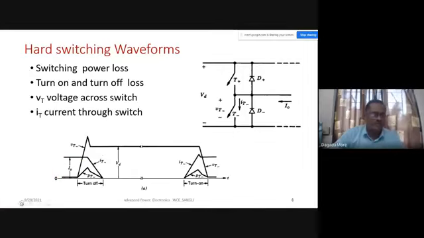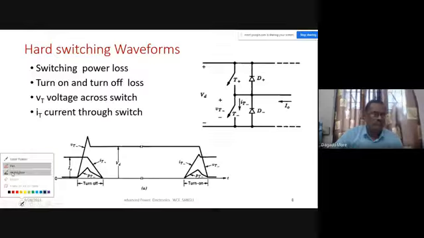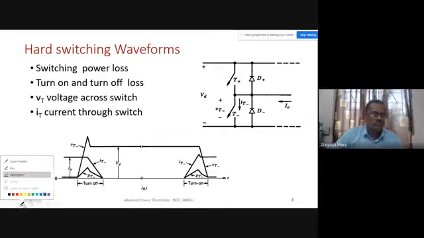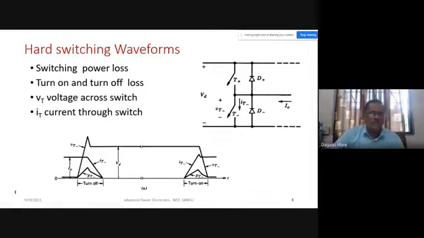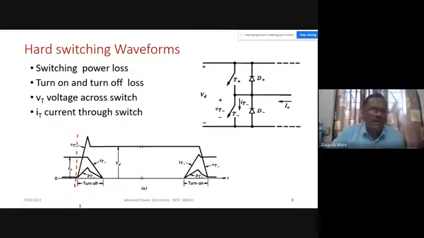Up to this instant, this is the waveform I am drawing, the voltage across the switch.